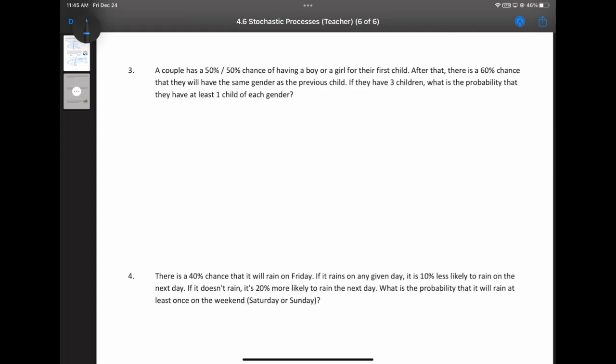Okay, so same idea as we did last time. We have a first child, a second child, and a third child. So our first child, and again, we can choose male, female, boy, girl, whatever you want. So let's do male, female. And we could have done, in fact, I think we did do a couple questions like this back in Unit 2, where we assumed everything was 50-50 and always would be.